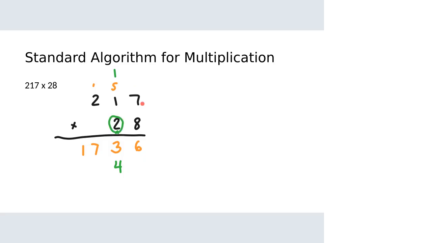Yes, we're doing 2 times 7 so we can do it in our head to get the 14. But really, because this 2 is in the tens column, what we're actually multiplying is 20 times 7. And 20 times 7 is 140, which is 100 and 4 tens. And so those 4 tens go in the tens column of our answer.